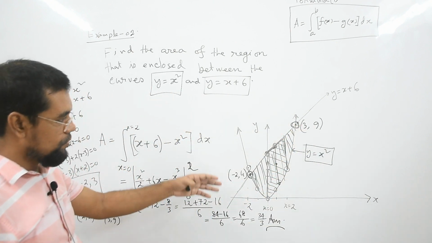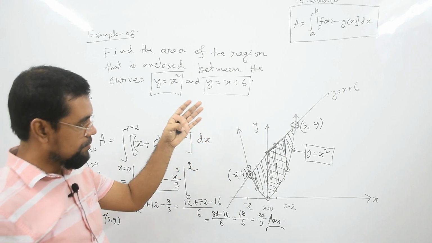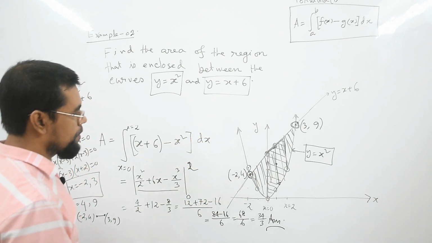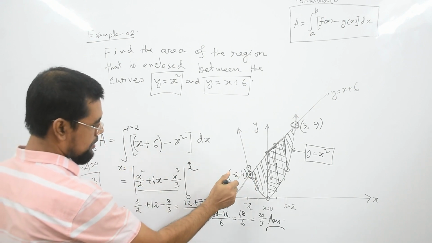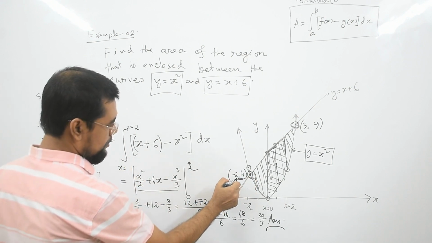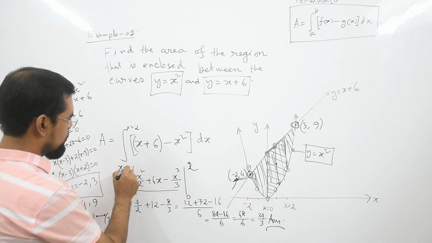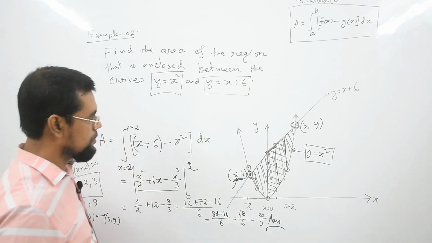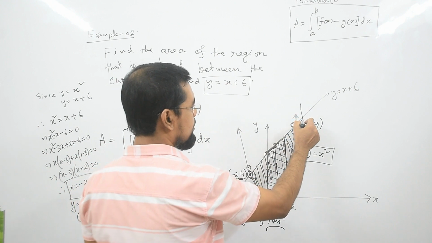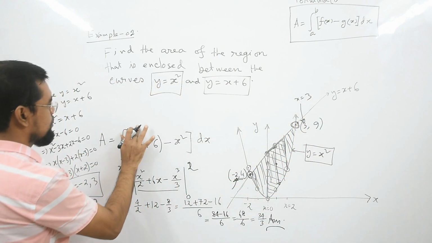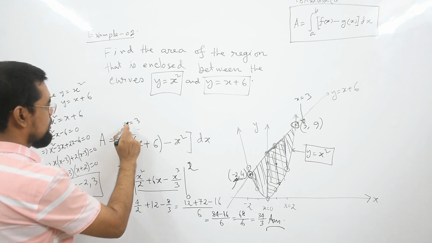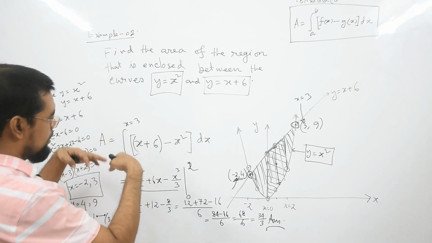Since you are going to calculate the area of this whole region, your lower limit will be x equal to negative 2 and upper limit will be x equal to 3.